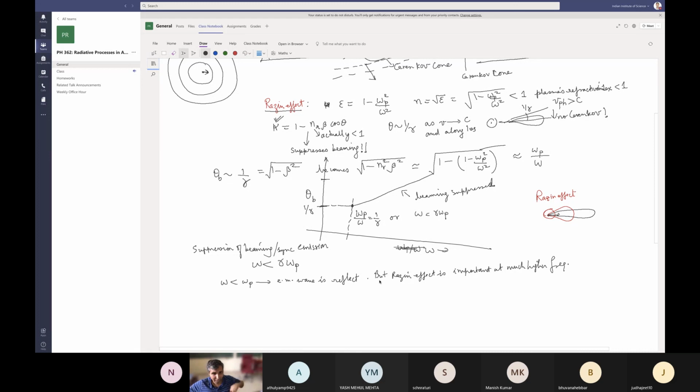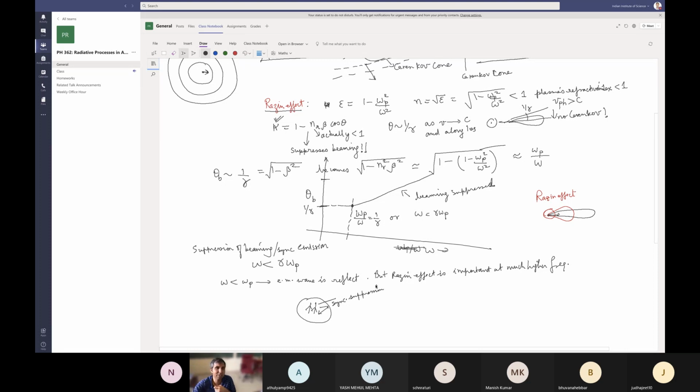So consider a synchrotron-emitting magnetized plasma. At very low frequencies these synchrotron waves will get reflected, but at higher frequencies than that there will be suppression of beaming. So there will be no reflection, but there will be synchrotron suppression.